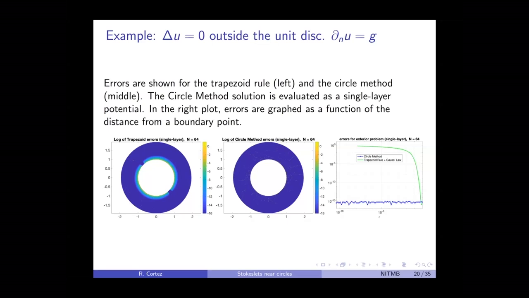As you get away from the boundary, it becomes small with the trapezoid rule because that's accurate there. This is the error if I pick a point on the boundary and go along a line: I get this error as the distance to the boundary gets smaller. But the error in the circle method stays down here.